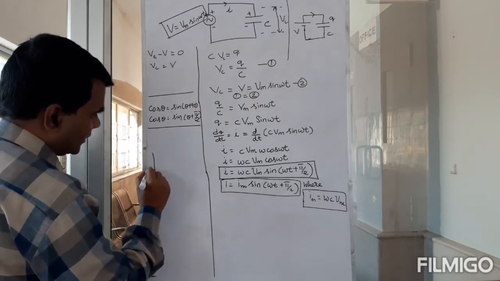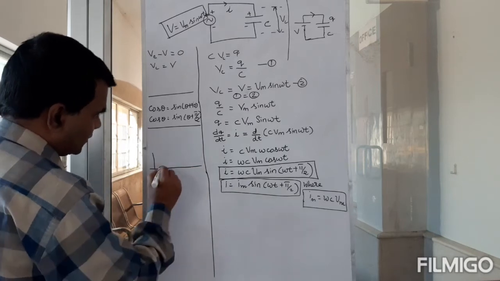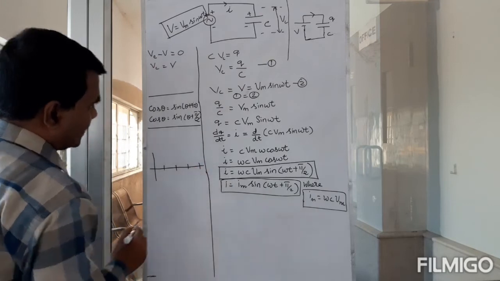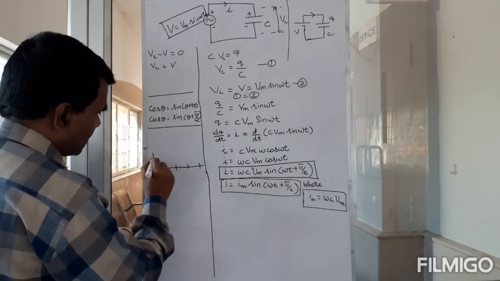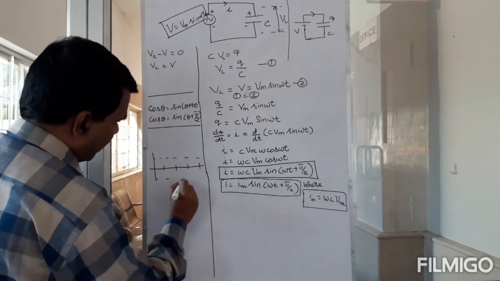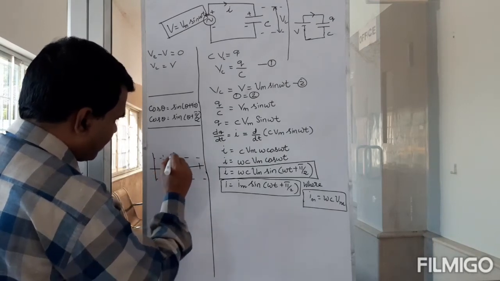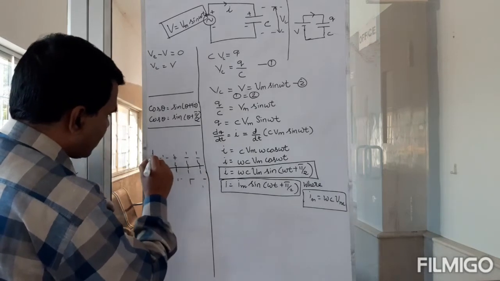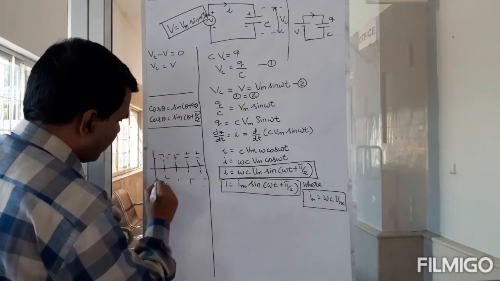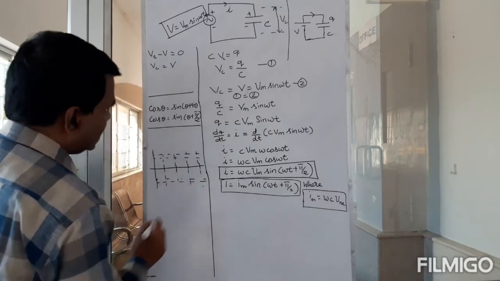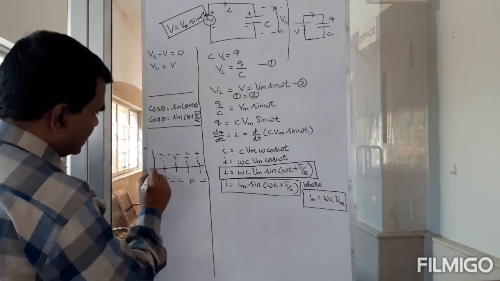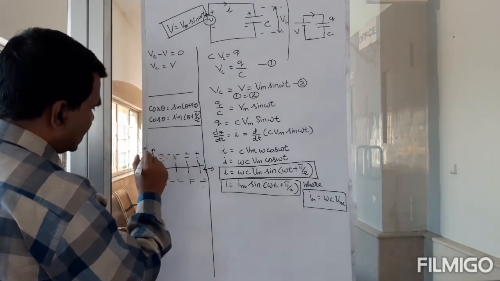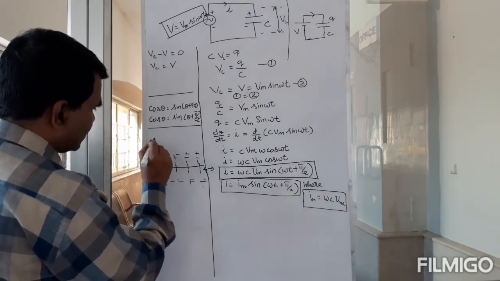Okay. Again, so this would be my voltage. Okay, this is time, and then this axis will be voltage this way.